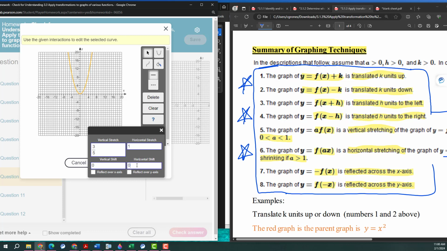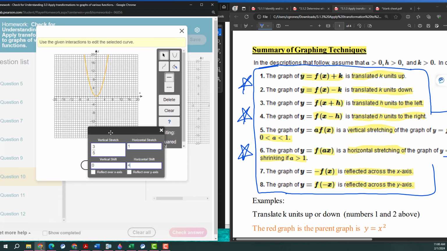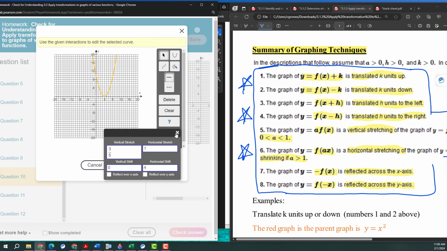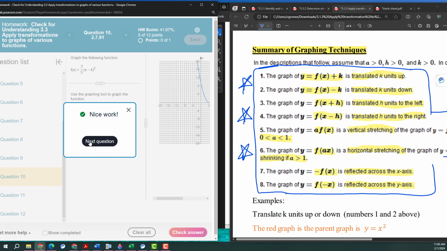So it's going to shift horizontally to the right by 3. I'm sorry, not 3, 4. Save. All right, great.